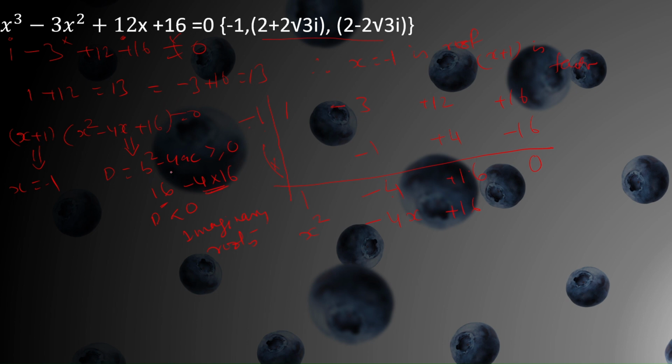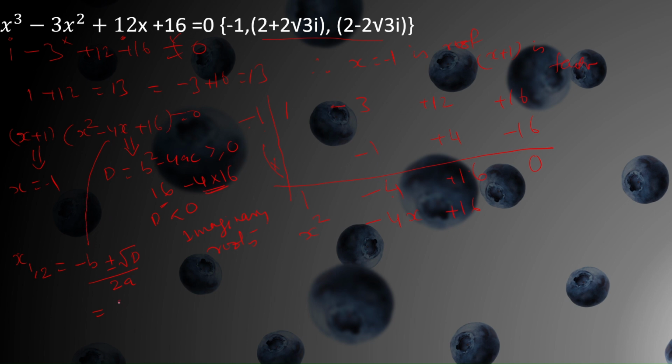And so this is it. In order to find these imaginary roots also, we can try using the Sridharacharya method. We all know the Sridharacharya method: x1, 2 is equal to minus b plus minus root D by 2a.